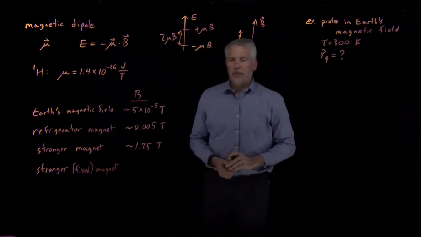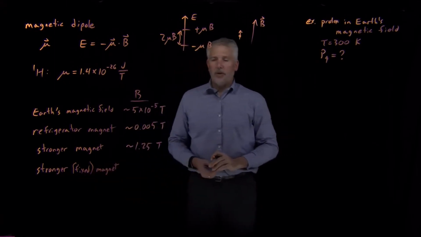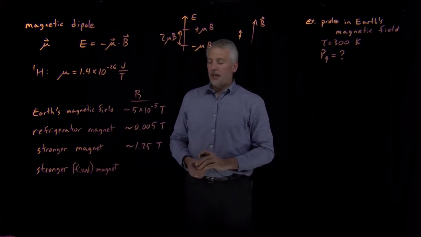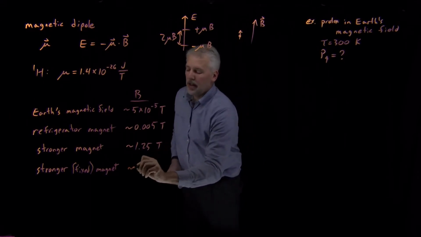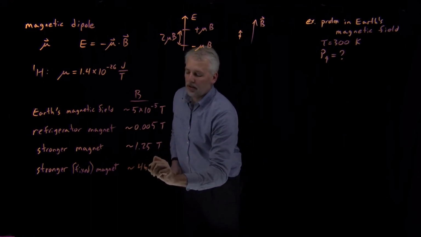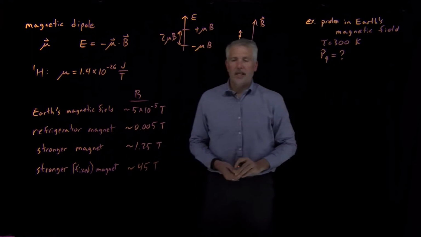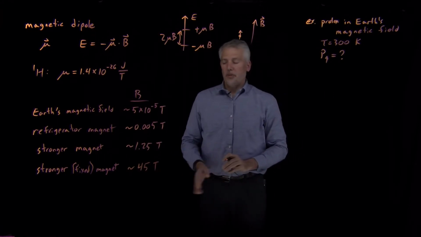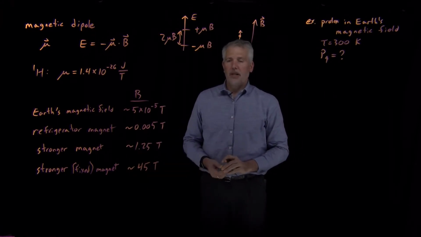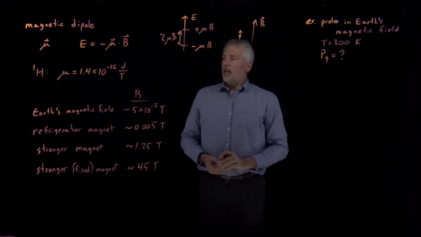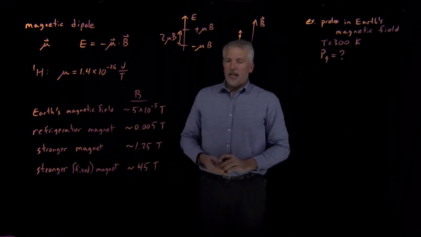Not an electrodynamic magnet, but if you have a magnet with a fixed magnetic dipole, the strongest ones that have been made so far these days are about 45 Tesla or so. So about the strongest magnet we can make is only 45 Tesla. So that's just to give you an idea of the size of this unit of a Tesla.